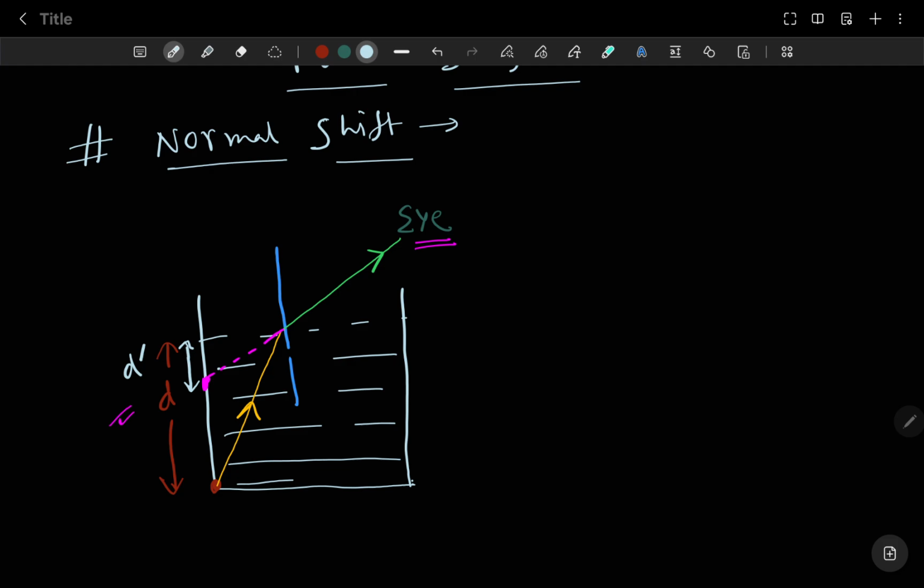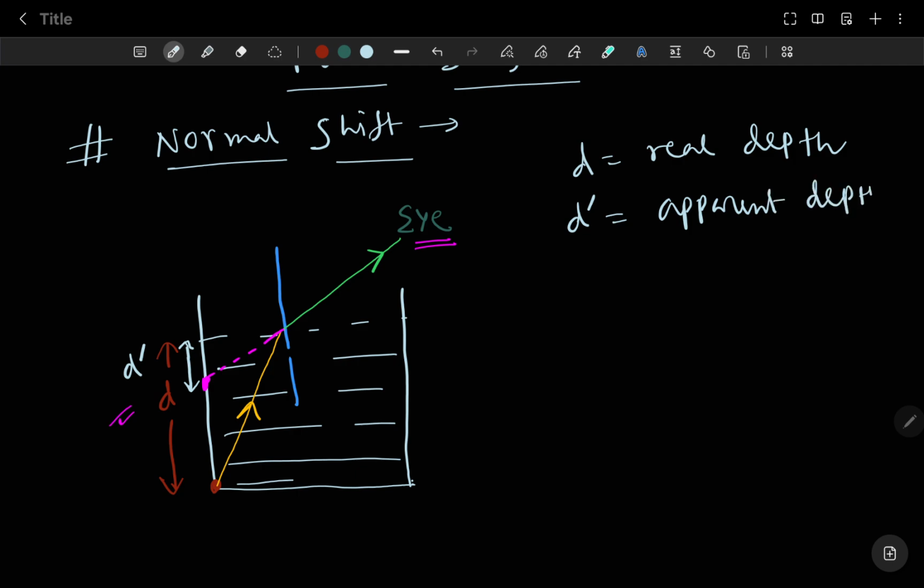So d is the real depth, so d dashed is the apparent depth, okay. So there is a normal shift, that is d minus d dashed, okay. Fine, clear, okay, this much actually d minus d dashed, alright, fine.